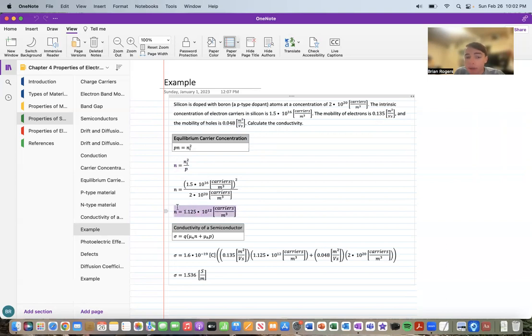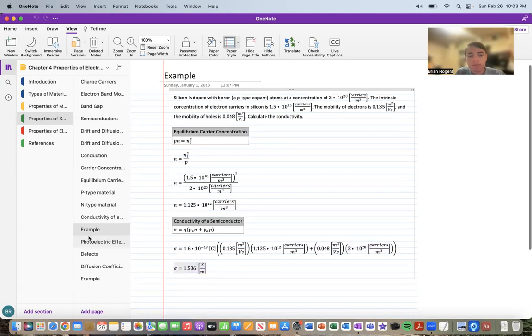Once we find out how many electrons we have, then we can calculate the conductivity because we'll have been given all the information: we know the charge q equals 1.6 times 10 to the negative 19 coulombs. Then we know the mobility of our electrons times the number of electrons we have, plus the mobility of our holes times the number of holes we have, to get the total conductivity.